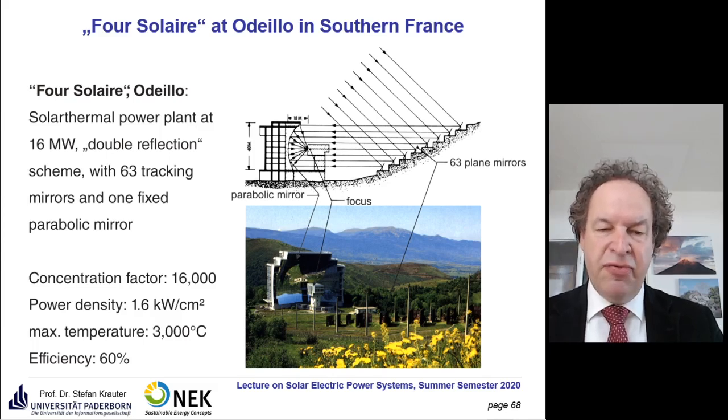Nowadays, it's used for metallurgy because you can quickly switch the power source, the mirrors, off and on, and then you can have different mixtures of metals and treat them with different temperatures, and therefore it's still in operation.